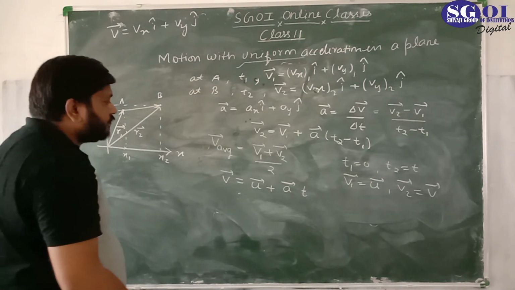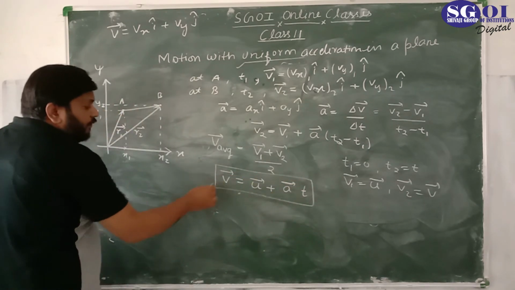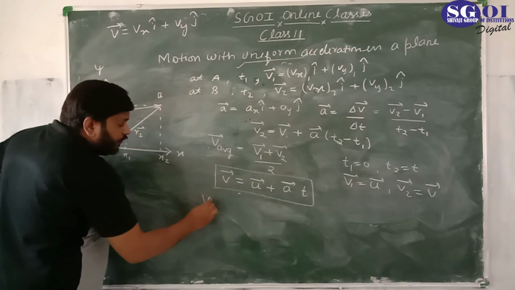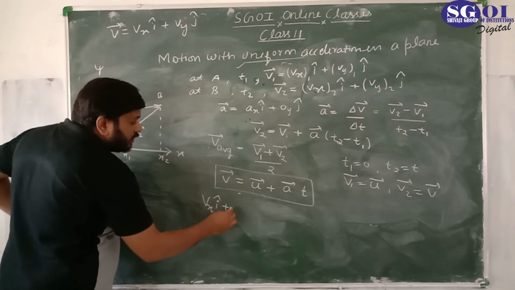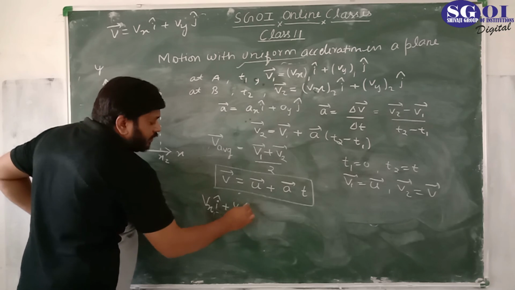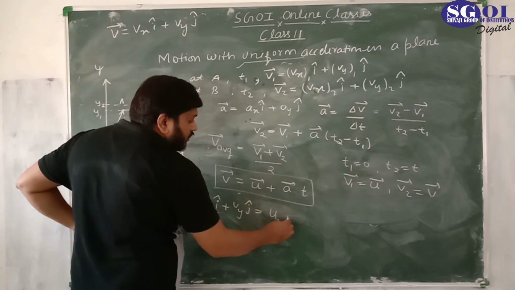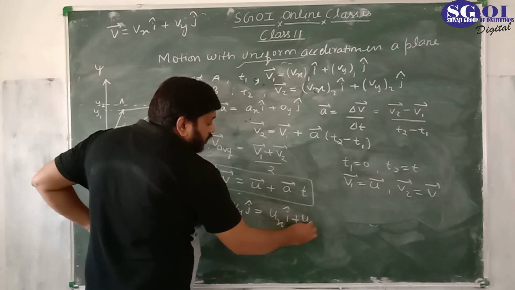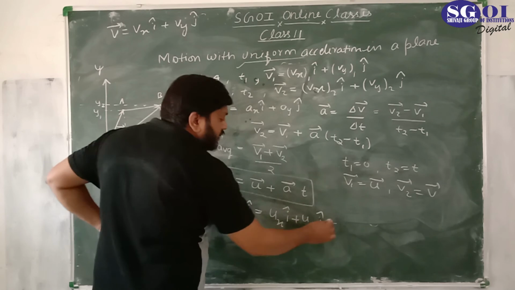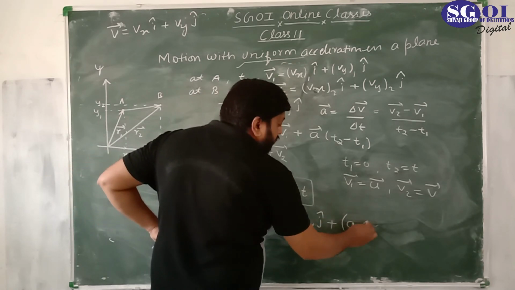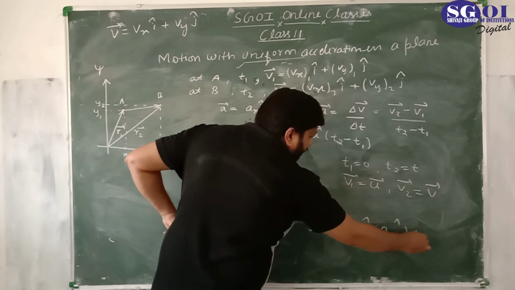Now if we take v equal to vx i plus vy j, then u equal to ux i plus uy j, plus a is ax i plus ay j, and this is t.